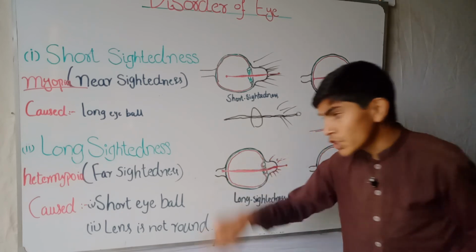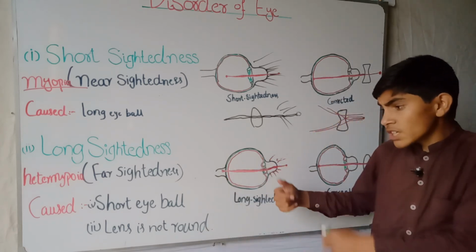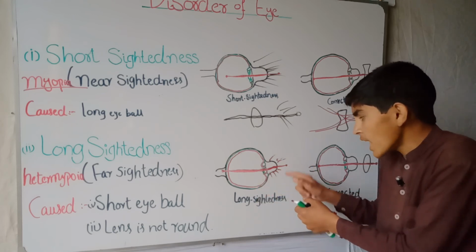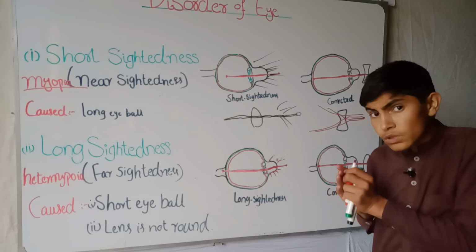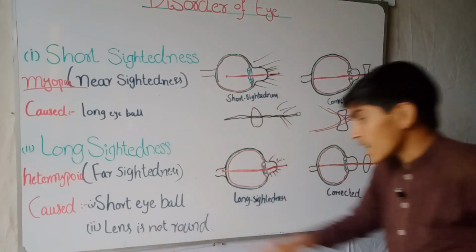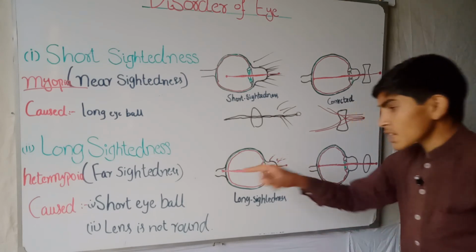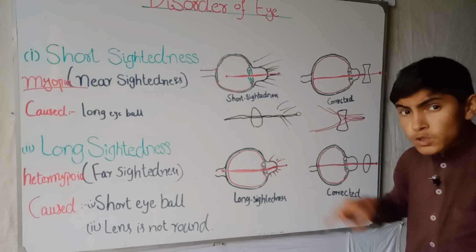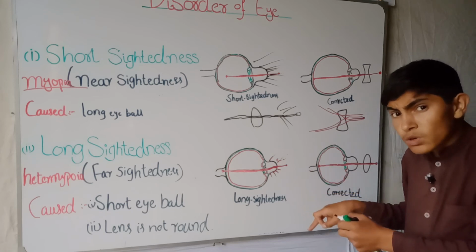The short eyeball doesn't allow the light to converge and it passes directly through the lens. The first cause is solved: if the eyeball is short, there is no convergence.